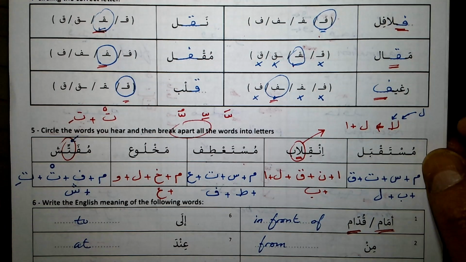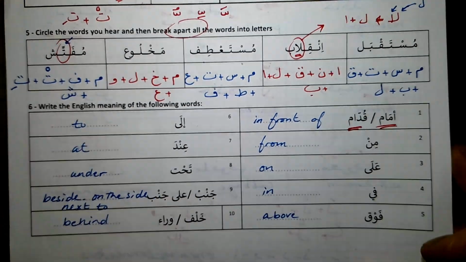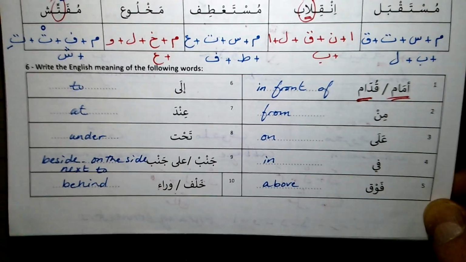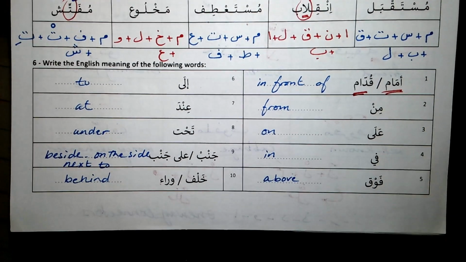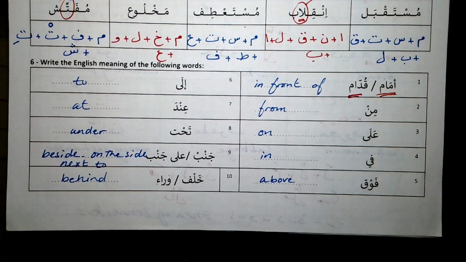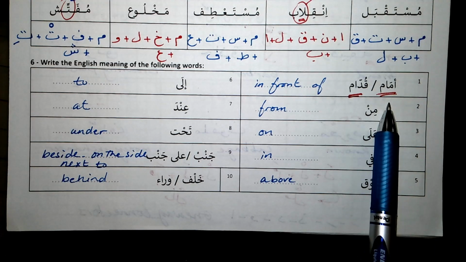Moving to the last question, we have 10 words and we need to write the English meaning of every word. Amam, قدام.